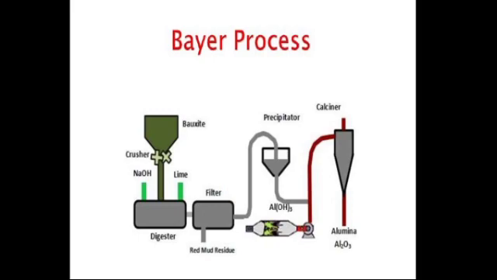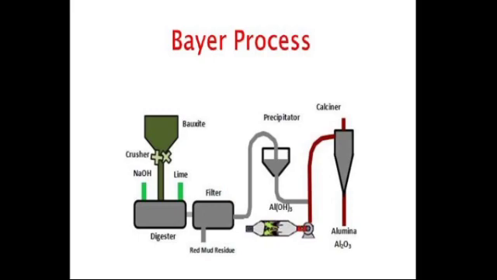Then sodium meta-aluminate is treated with water to form aluminium hydroxide, Al(OH)3. Then it is heated up to 1000 degrees Celsius to form alumina, Al2O3. In this process, the precipitator and calciner are also used.